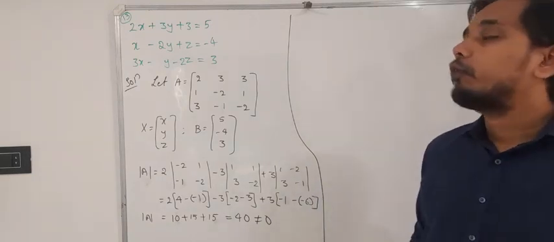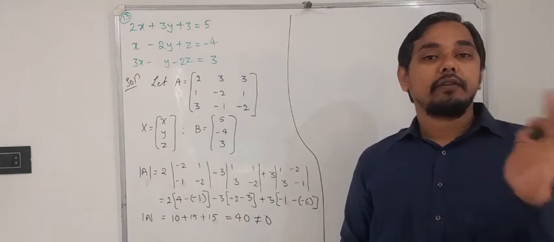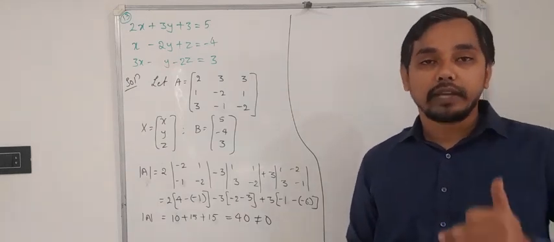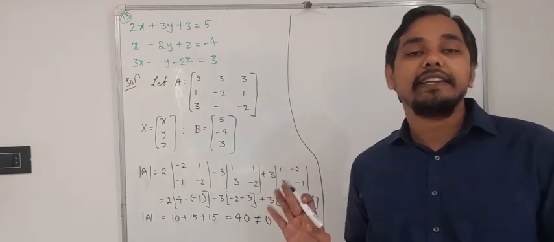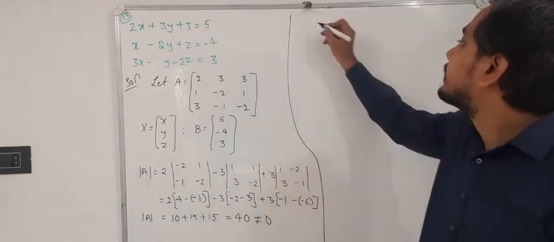Right. So for adjoint A, you need minors and cofactors. We have done it previously. Right. So you can take a note of that and try to find minors and cofactors. Then you write the adjoint A. Here I am going to write it directly.